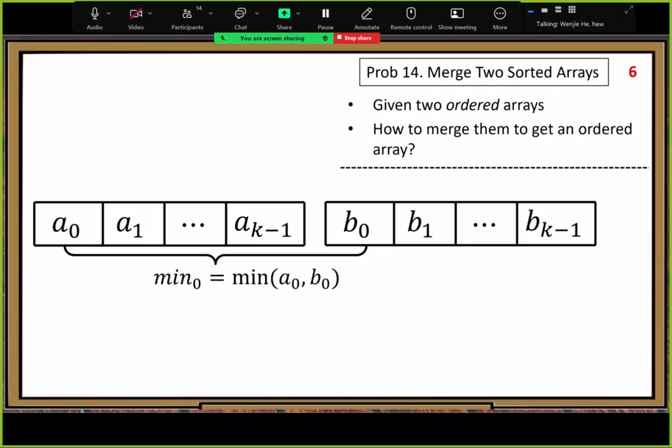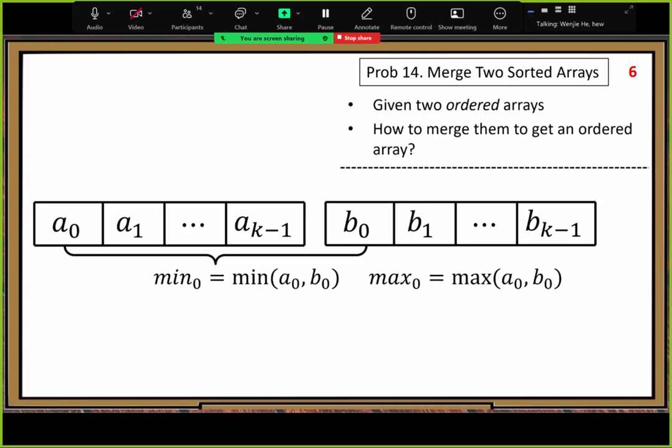Suppose we have a destination array. Let's imagine we want to put all the elements in place in our destination array. After the first comparison, we have this min 0 element and the max 0 element, the smaller one and the larger one. We know the smaller one, min 0, should be the minimum of all the elements.